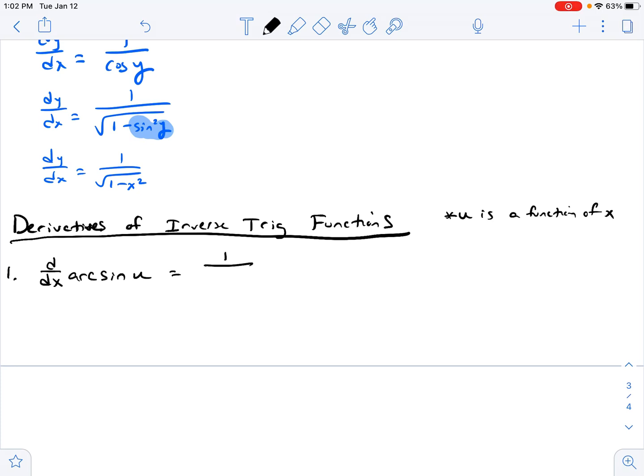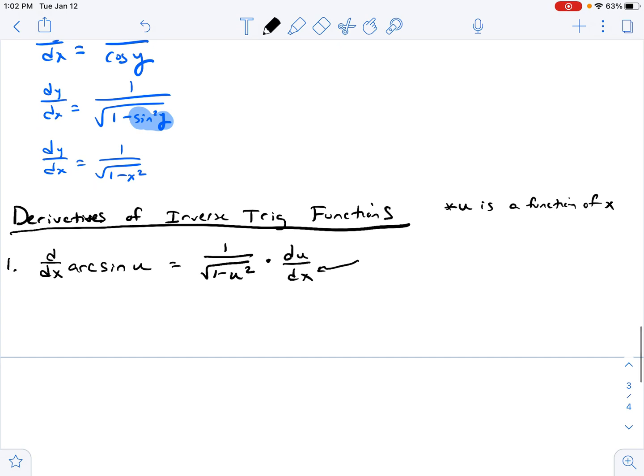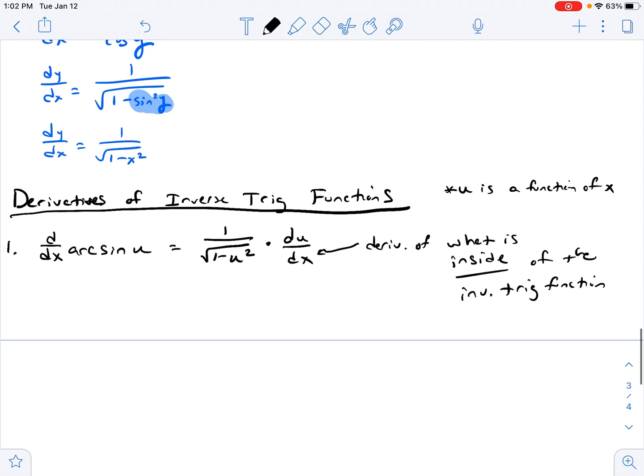So here it's 1 over the square root of 1 minus u squared. u is what is inside of the inverse sine function. But then we got to multiply by the derivative of what's in the inverse sine function. That would be du over dx, we would write that. Okay, so that's the derivative of what is inside of the inverse trig function. And we're going to do some examples, so you'll see how this works out in a moment, okay?